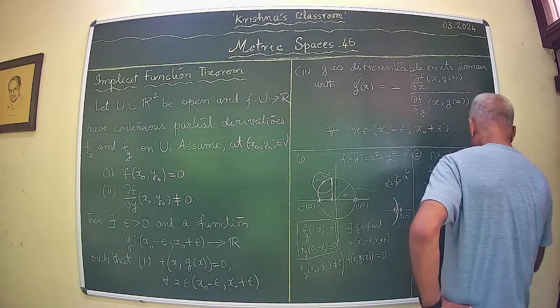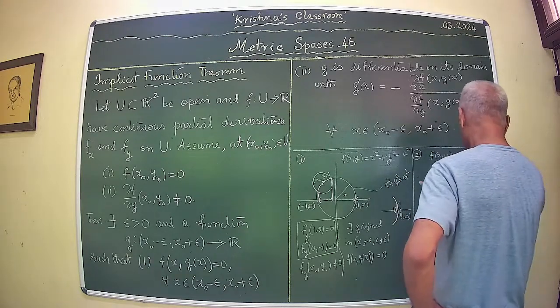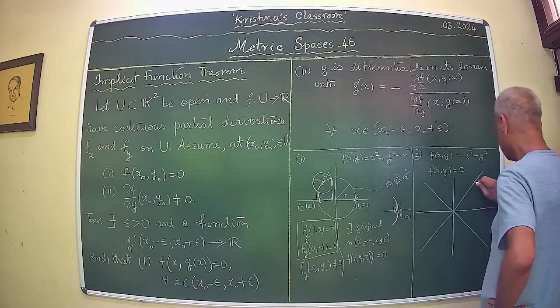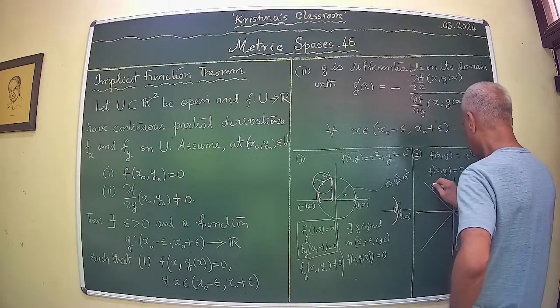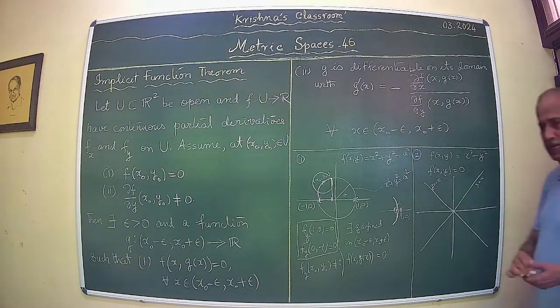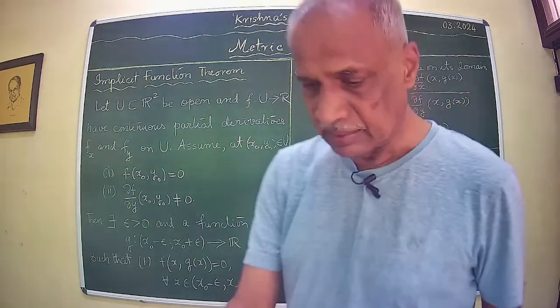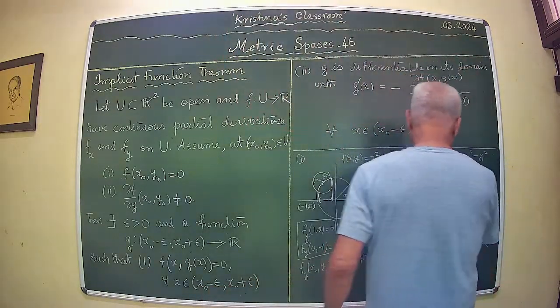This is y equal to x, this is y equal to minus x. So this pair of straight lines that you see here is the curve.